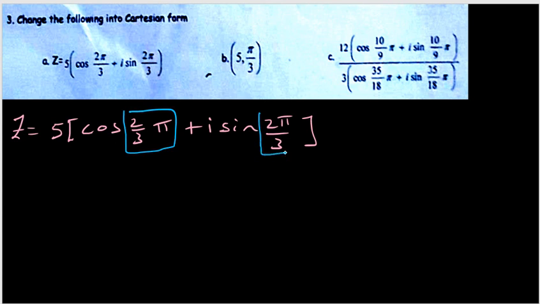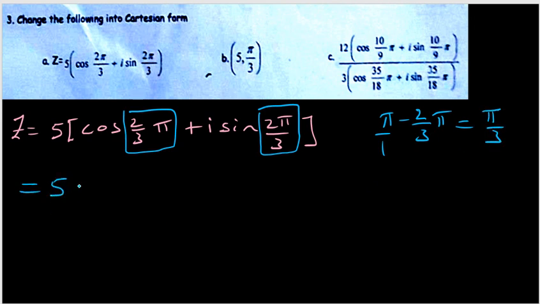This angle is greater than pi over 2, so it is in the second quadrant. Since it is in the second quadrant, to know the related angle we take pi minus 2 over 3 pi. When you subtract crisscross, pi times 3 will be 3 pi, 3 pi minus 2 pi will be just pi over 3. Pi over 3 means 60 degrees.